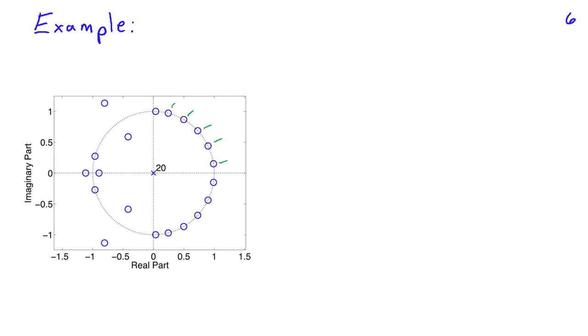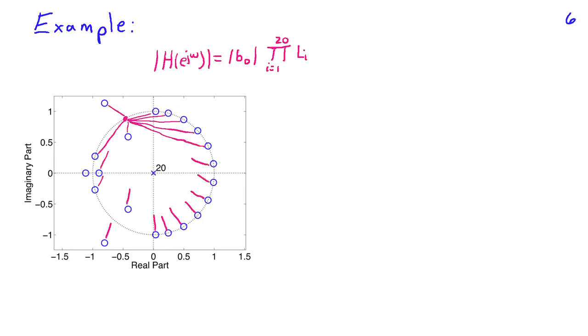But in general, I can write then my magnitude response as B0 times the product, for i equals 1 to 20, of L sub i, where L sub i is the distance from the point on the unit circle corresponding to omega to each of the zeros. So we're going to have 20 distances here.